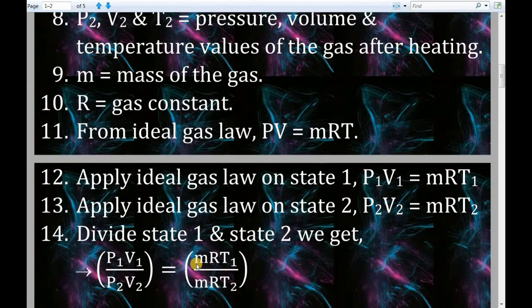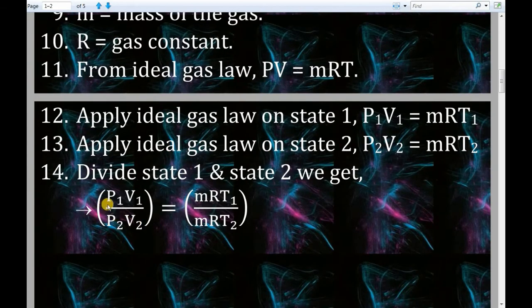Next, we will divide state 1 by state 2. We get P1 V1 divided by P2 V2 is equal to mR T1 divided by mR T2. We know that this is a constant volume process, which means V1 = V2. So in this formula, V1 and V2 get cancelled. Next, the mass of the gas remains the same before and after heating.